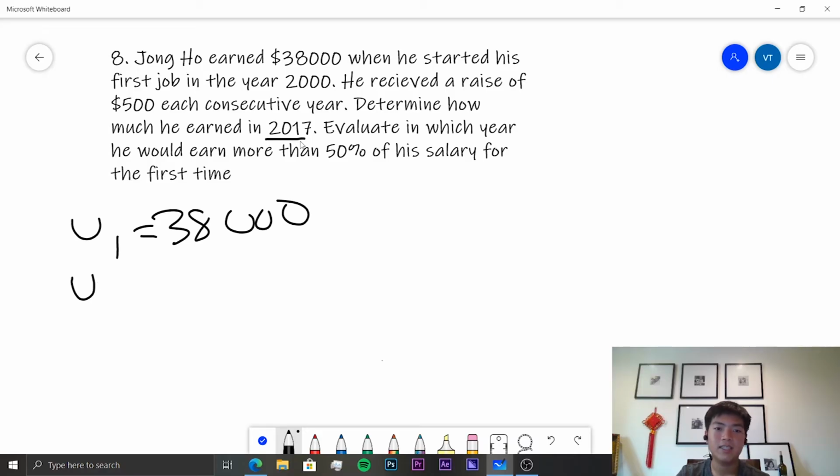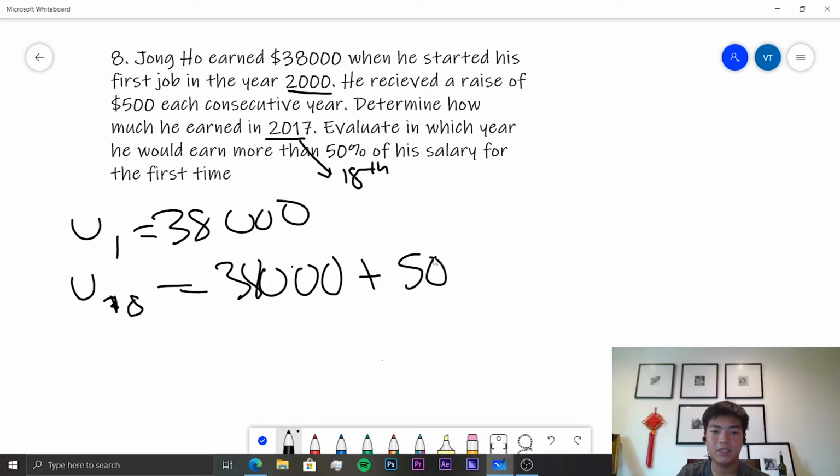Now notice 2017 will actually be the 18th term, since we're counting 2000 as the first term. Similar to coding where you start arrays at 0. So u18 is equal to 38,000 plus 500, which is the common difference, times n minus 1, so 17.